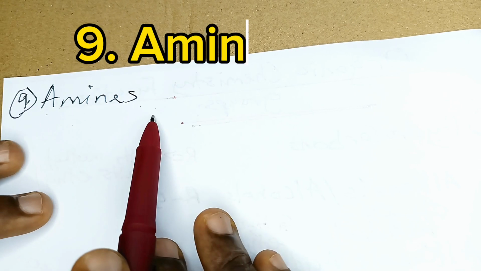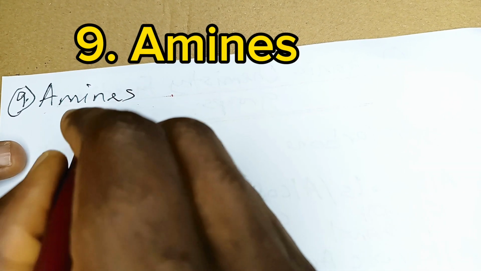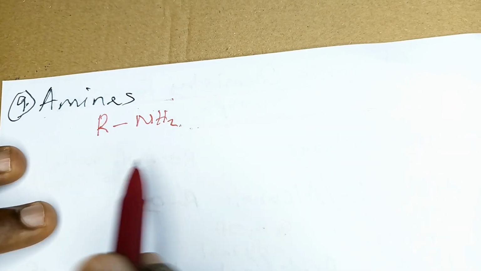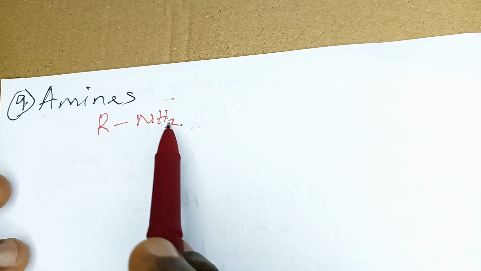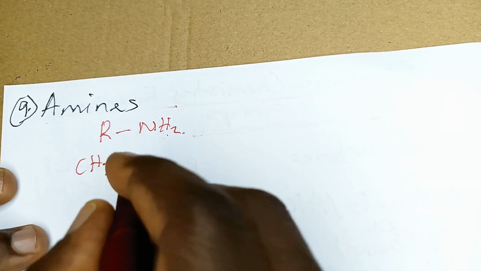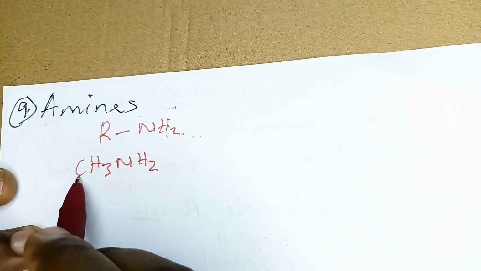Amines is from amino acid, just like the amide. But this one is different because the functional group means alkyl joined directly to NH2. So that is amine. So how do you know amine? Let's take for example, if you have CH3 NH2, this is one carbon.